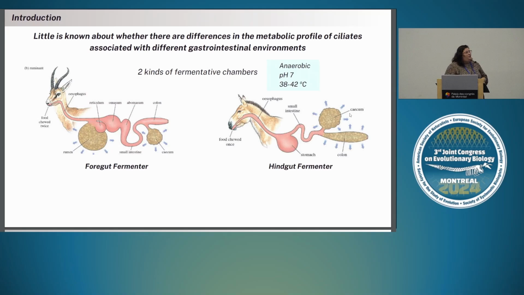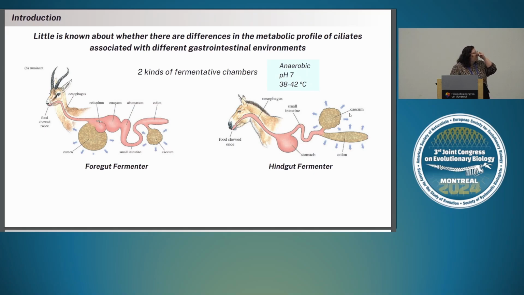Today we have two kinds of mammals that harbor ciliates in their gastrointestinal tract: the foregut fermenters, represented mainly by some Artiodactyla species, and the hindgut fermenters, represented mainly by some Perissodactyla and Rodentia species. The foregut fermenters present the fermentative chamber, mainly the rumen, located before the region of abscission in the gastrointestinal tract, which is the duodenum.